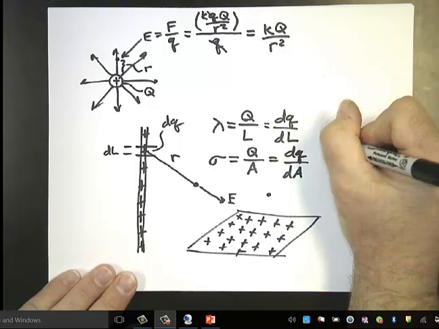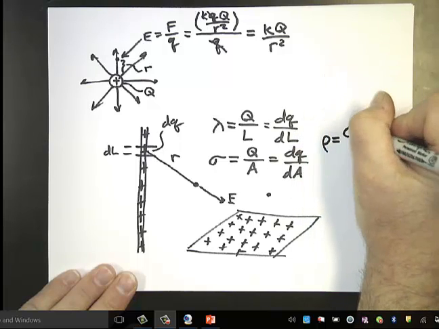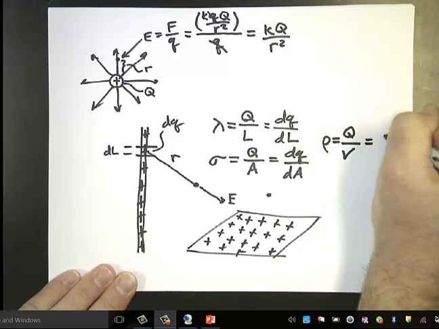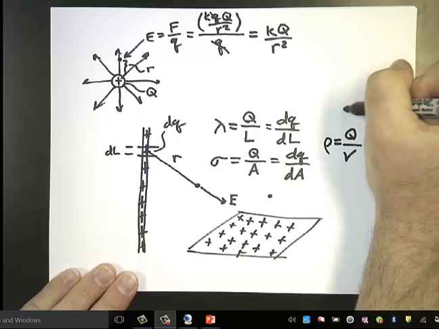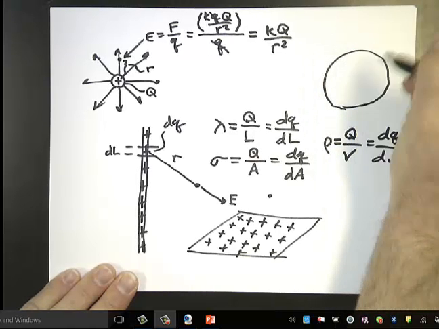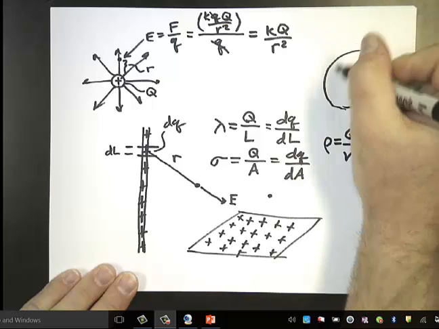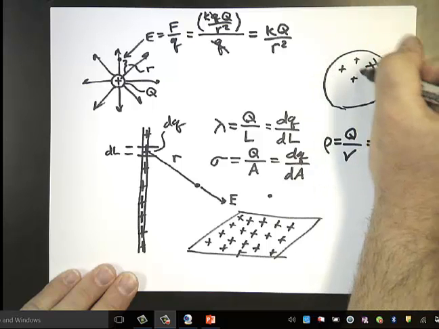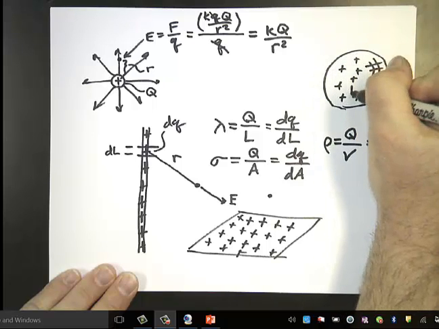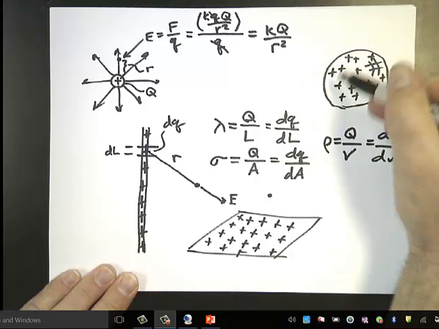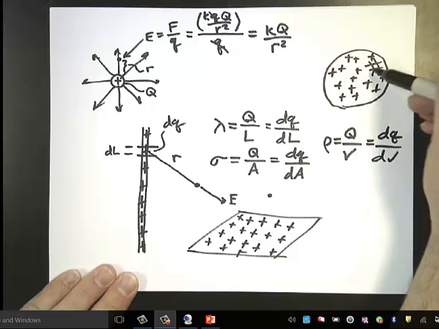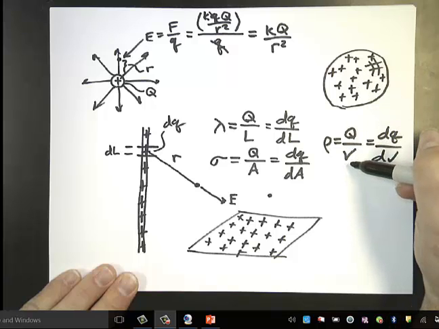is rho, which is charge per unit volume, or dq/dV. So imagine I've got a sphere. Throughout that sphere I have charge. Okay, I could say that there's a certain amount of charge per unit volume.